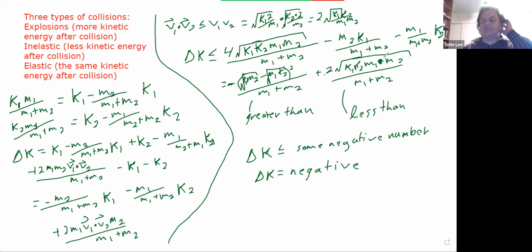If that makes sense, hopefully it does, but this is just the proof that I came up with off the top of my head. I really wasn't planning on doing this, but I ran my mouth off and it ended up being necessary, basically. But delta K equals negative. So therefore, this value is going to be positive.